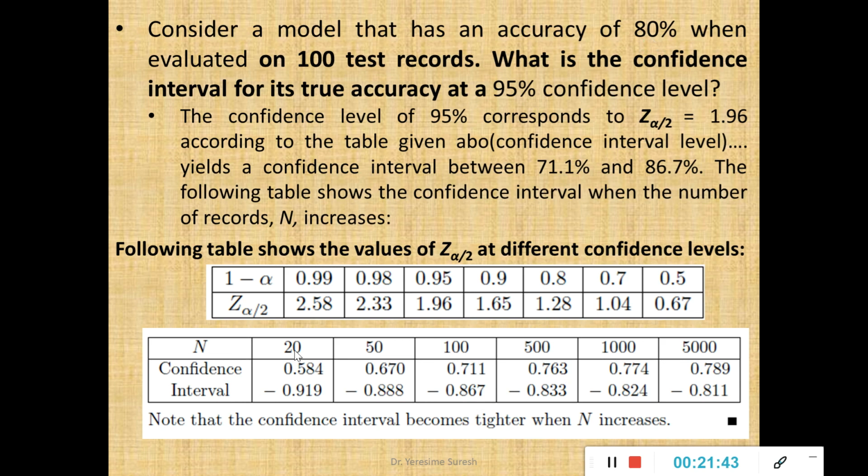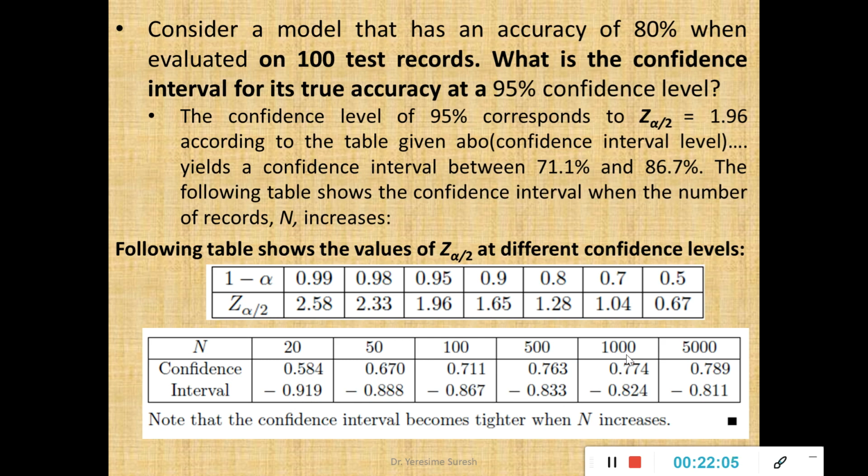If you keenly observe, when you move from number of instances 20 to 50, the gap between the lower bound of accuracy and the higher bound of accuracy decreases. See, 58 to 91, there is a difference of around 32 points. Here the difference is coming down to 21%. Here it is 15%. Again here it is hardly 7%.